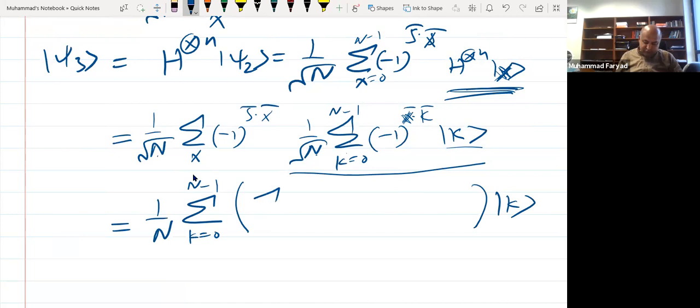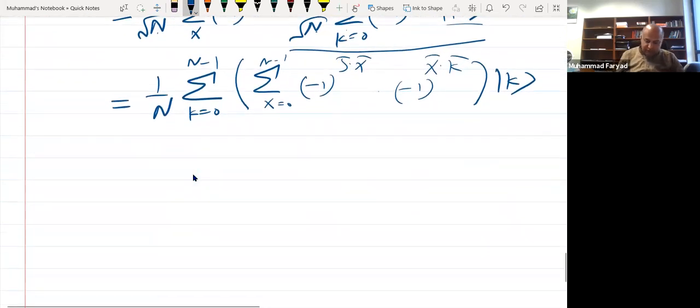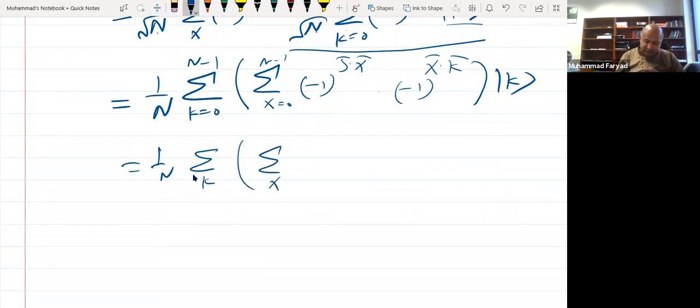So this sum has gone out. Let's bring this sum over here. So this is a sum over x, which goes from 0 to n minus 1, and then I have (-1) to the power s·x into (-1) to the power x·k. I can take sum over k, sum over x, and I can take x common and add these powers.